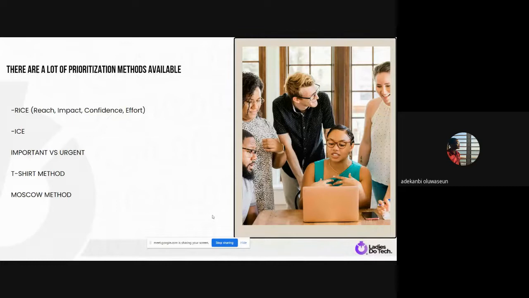Then you have the T-shirt method and the MoSCoW framework. T-shirt is more like estimating the time value of building a product and scoring it based on the time value. The third is based on value to customer. MoSCoW actually refers to four things: must, should, could, and won't.